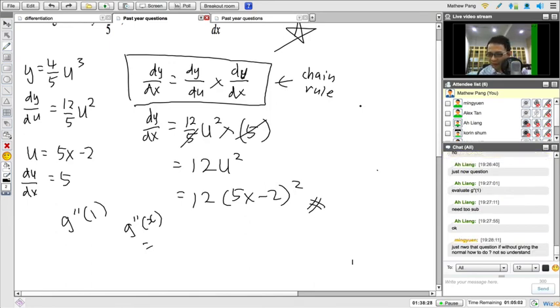Just now that question, if without giving the normal, how to do? For the question just now, the question will either give you the gradient of the tangent or the gradient of the normal. Normally the question will give you a gradient if it wants you to find a coordinate. But not necessarily all the time, because sometimes the question will ask you to find the equation of the tangent or the equation of the normal.